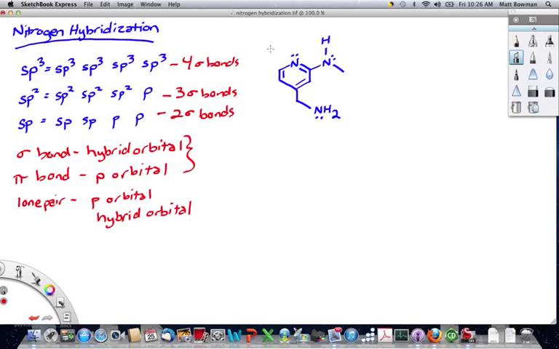So let's take a look at this molecule right here. It has 3 nitrogens on it. I'll label this one A, B, and the bottom one C. Let's take a look at nitrogen A first.